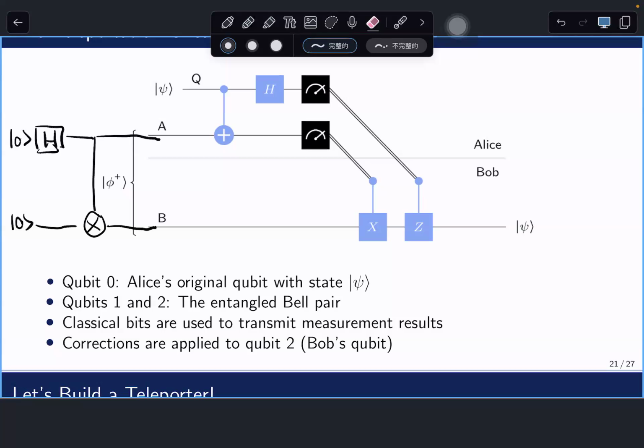CX and CZ. I think you need to use this here.